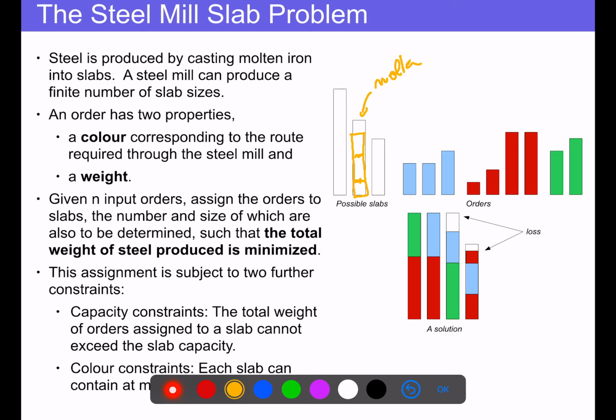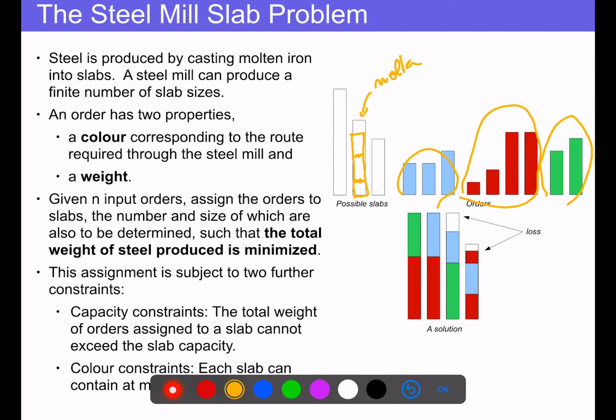And the way you will cut the molten iron is because you have some orders that customers ask for, and you need to melt the iron to meet the customer orders. And the orders are represented here, and they have some colors, okay? You can assume that the color, for instance, is the customer.